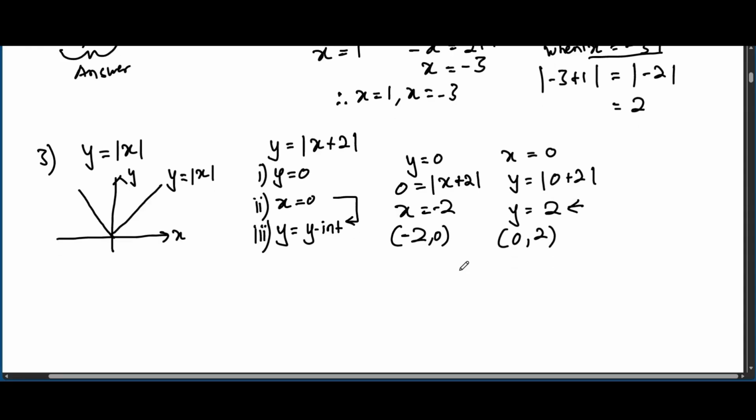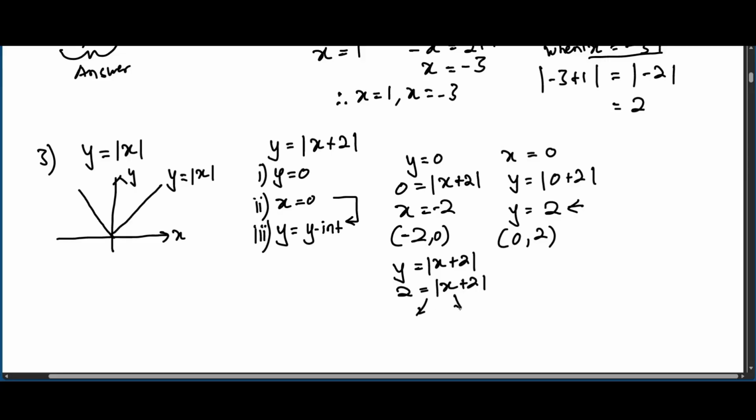So third step, you need to let your y equal to your y-intercept. Okay, so this is your equation. So let y equal to the y-intercept, in this case is 2. So 2 equals absolute value x plus 2. So this case you need to split. Definitely you need to split.